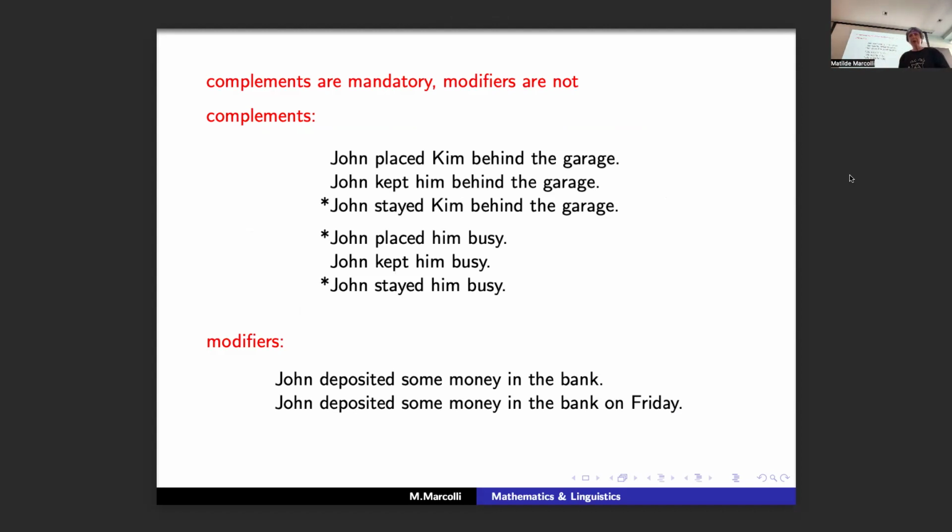So, if you place something or someone, you need a somewhere. The word to place calls for whatever would be, if your language has case, a locative, or somewhere, anyway.